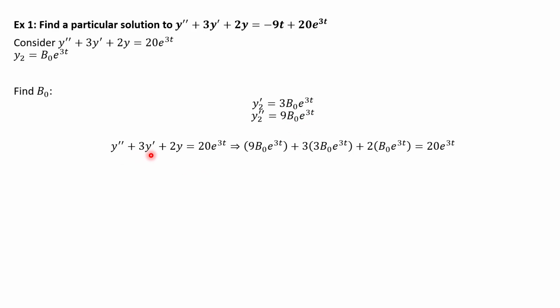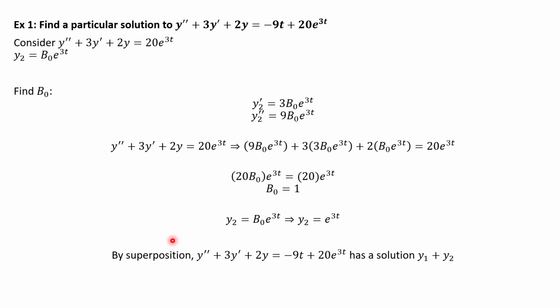Then substituting that into our differential equation that equaled 20e to the 3t, plugging in for y double prime, y prime, and y, and combining like terms, notice what we get. On the left side, we get 20b0 times e to the 3t, and the right side is the same, so b0 is just 1. Then our solution is y2 equals e to the 3t.